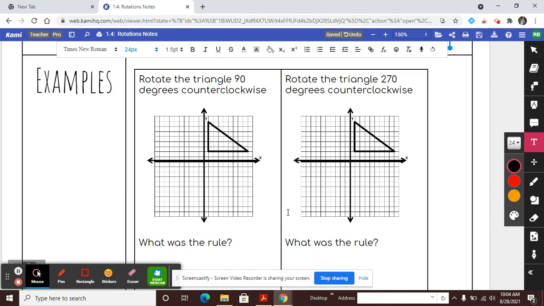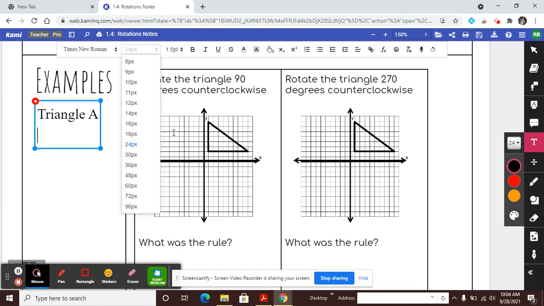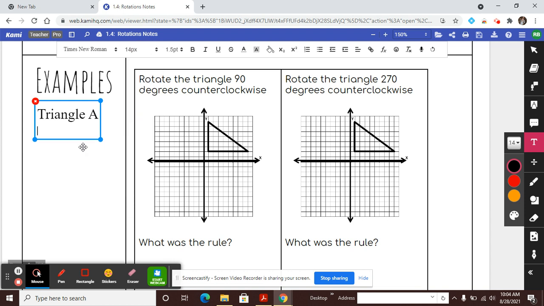Okay, we're going to do a few examples. So first, before we do that, just so that we have the same coordinates for these, because I use the same triangle every time, I'm going to put the coordinates that we're going to use for our original. I'm going to call it triangle A. Triangle A coordinates, and we'll use font 16. All right, triangle A, here's my coordinates.